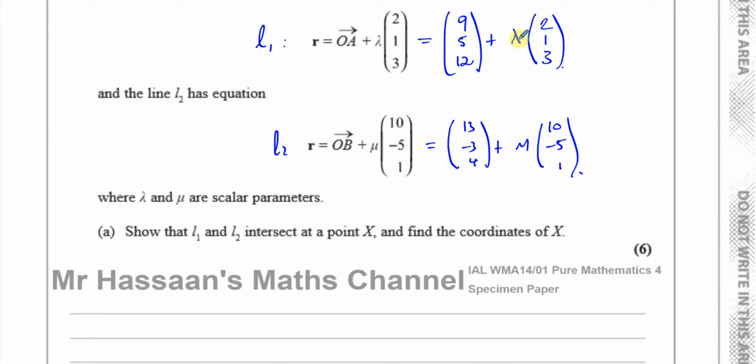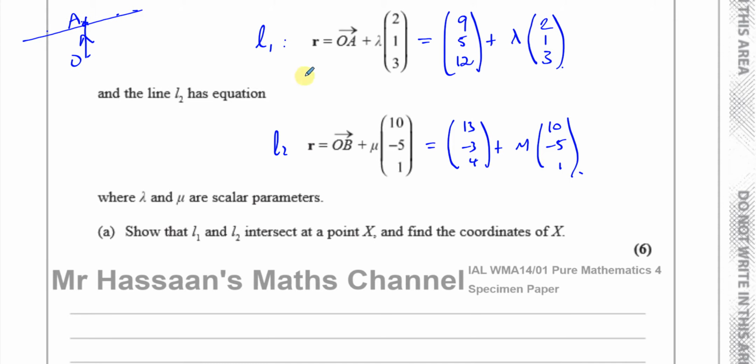So if I put a value of lambda in here, it's going to give me a vector which represents the position of a point. If this is O, this is A, that's the vector O to A. This part takes me to this particular point here, A. And then I have a line going in this direction, and depending on what the value of lambda is, it's going to take me from there to somewhere on this line.